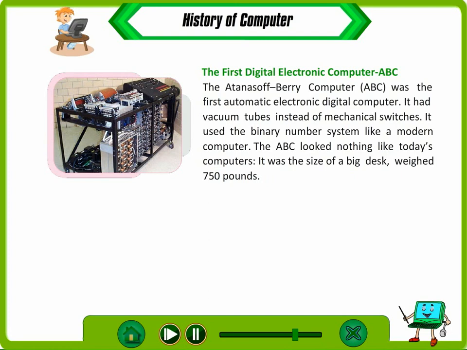The Atanasoff-Berry computer, ABC, was the first automatic electronic digital computer. It had vacuum tubes instead of mechanical switches. It used the binary number system like a modern computer. The ABC looked nothing like today's computer. It was the size of a big desk and weighed 750 pounds.